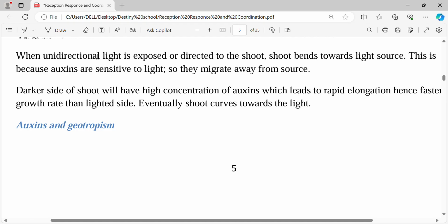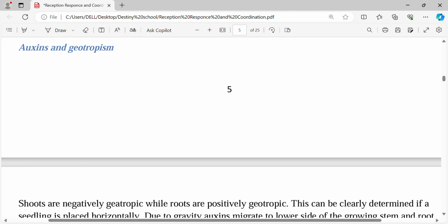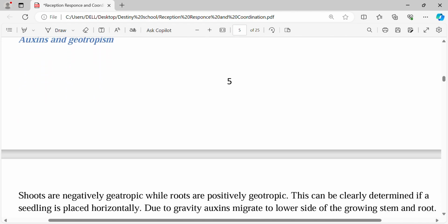This is because auxins are sensitive to light, so they migrate away from the source. The darker side of the shoot will have a high concentration of auxins, which leads to rapid elongation, hence a faster growth rate than the lit side. Eventually the shoot curves towards the light. So I believe you have understood, and in the exam you can be told to explain that. We'll see an example of the same.